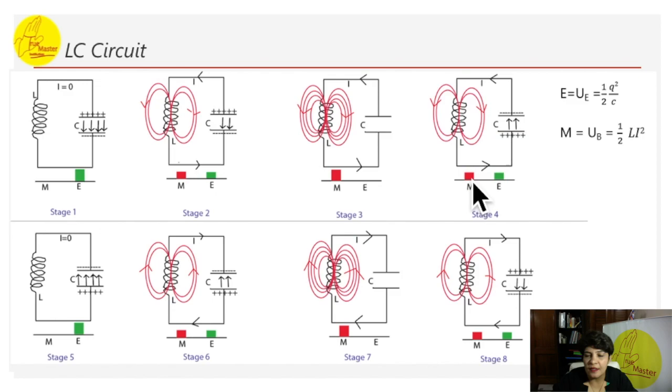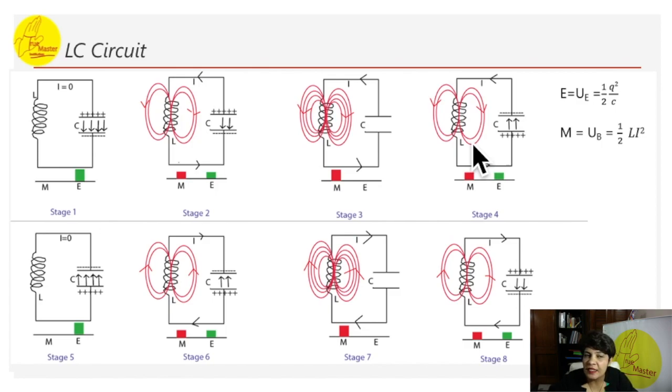The capacitor in stage 4 is completely discharged and the magnetic flux linked with the inductor decreases. What has happened is, at this stage, there is no current coming any further from the capacitor to the inductor. Because of this, now the current will start flowing from the inductor all the way to the capacitor.